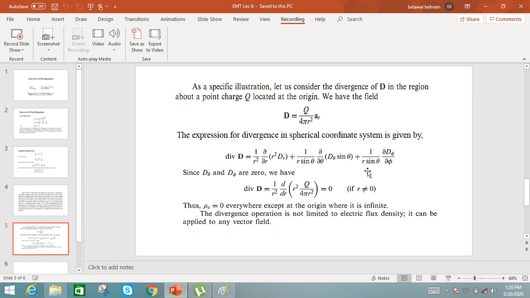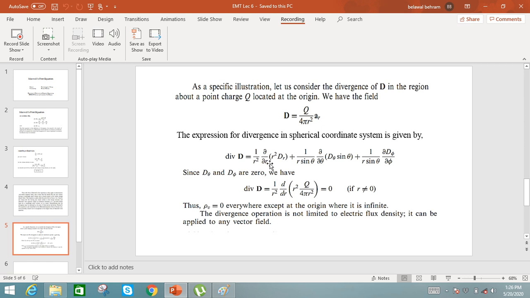This term is 0, this term is 0 because we don't have any d theta and d phi component. So the divergence of d will be equal to 1 divided by r square partial by partial r of r square into dr, because these two terms are 0.